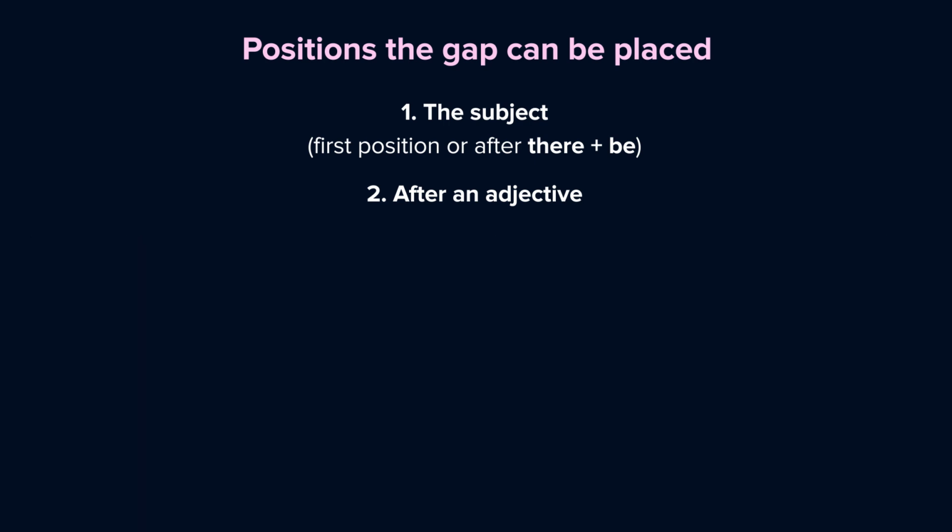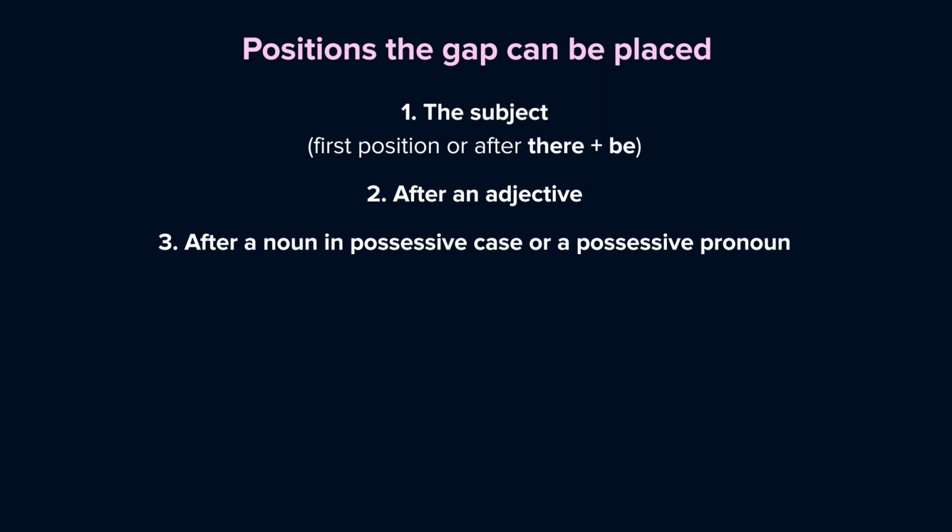Next position. Let's imagine that the gap is after a noun in possessive case, and there is no noun after the gap. Or it's after a possessive pronoun. Basically, something belongs to somebody, and that something has to be a noun. For example, "This is my daughter's," and that's it. We got a full stop after that. So we need something that belongs to my daughter.